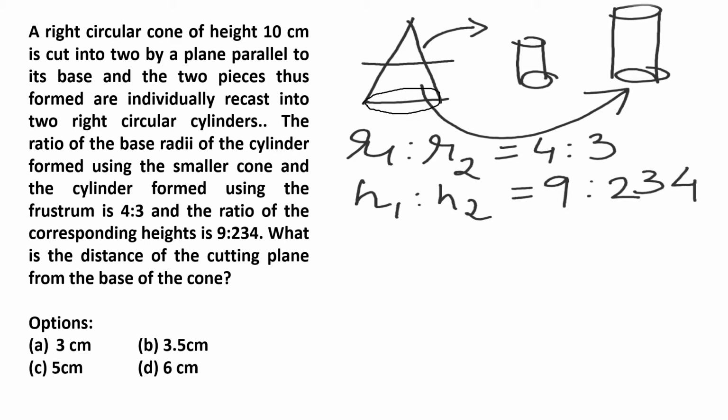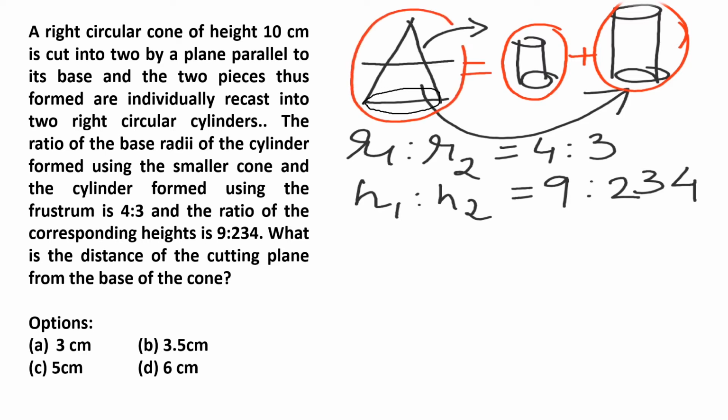Now what's next? What am I supposed to do then? One thing I can think of here is the volume of both the cylinders. If I add the volume of the smaller cylinder to the bigger cylinder, that ultimately gives me the volume of the entire cone.